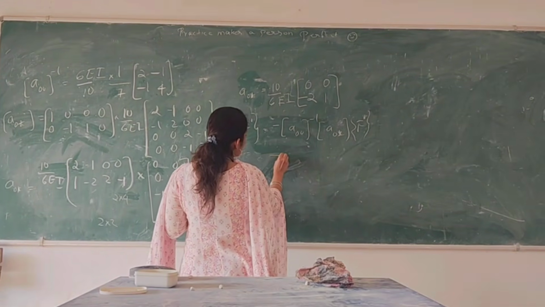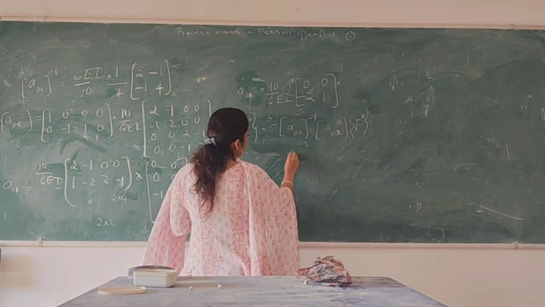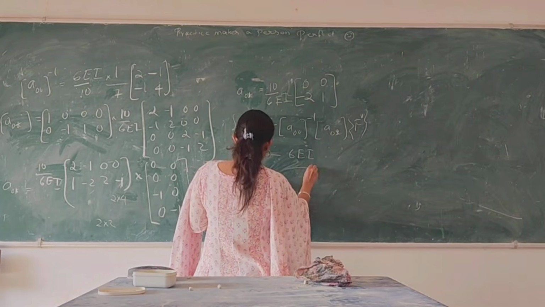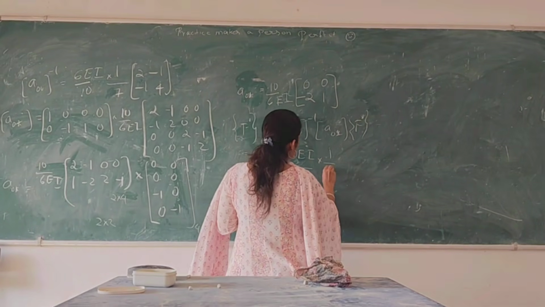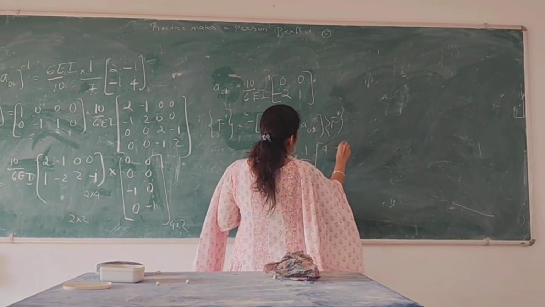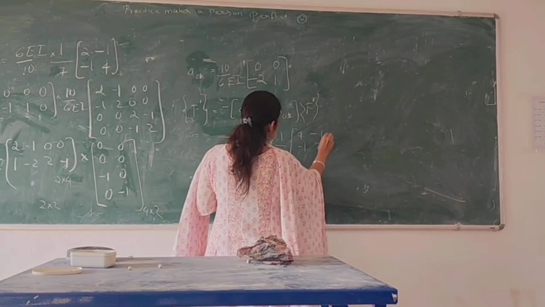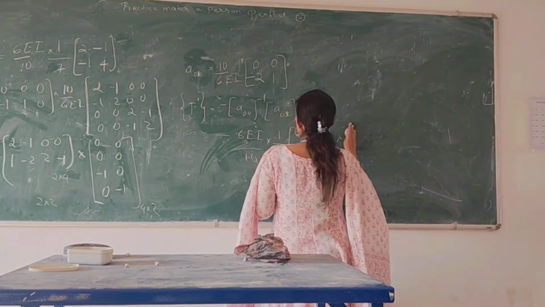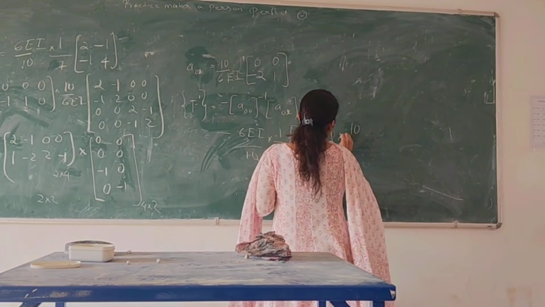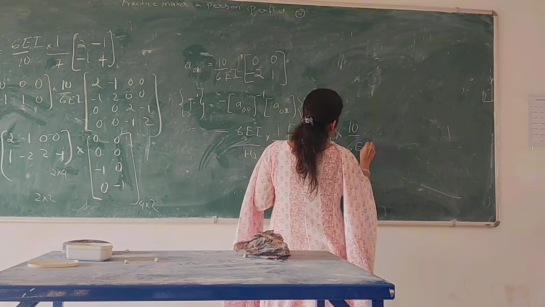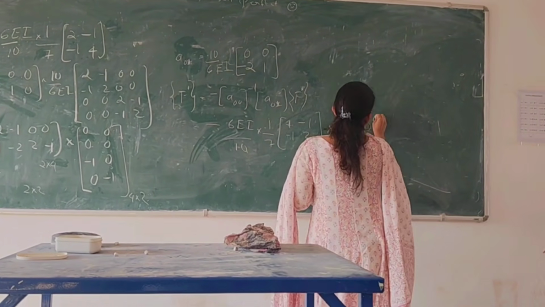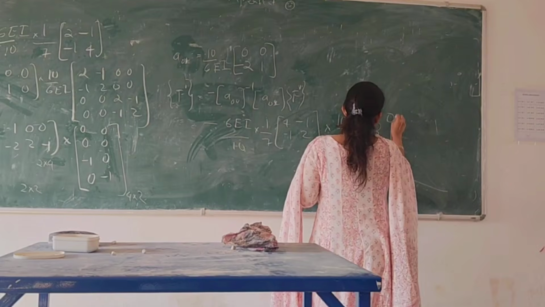So minus A naught not, there is a minus, don't forget this minus, and A naught not inverse was 6ci by 10 into 1 by 7 into 4 minus 1 minus 1 2 into A naught star is 10 by 6ci into 0 0 minus 2 1.